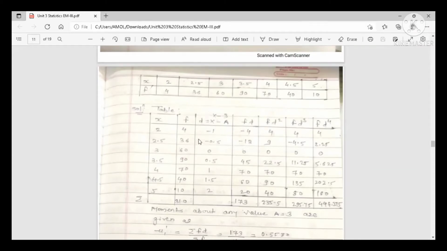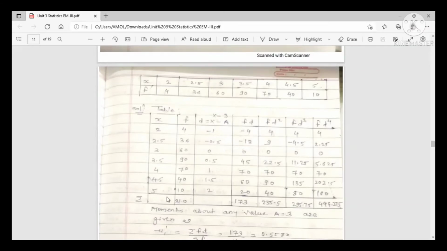You take the square of D and multiply by F. For F D cube, take the cube of D and then multiply it by F. Then F D raised to 4 means you take the 4th power of D into F. This is the calculation here.